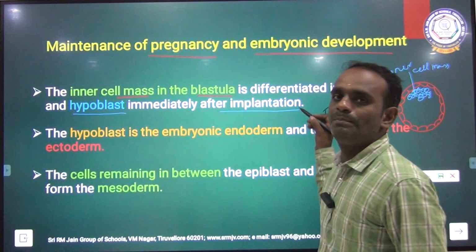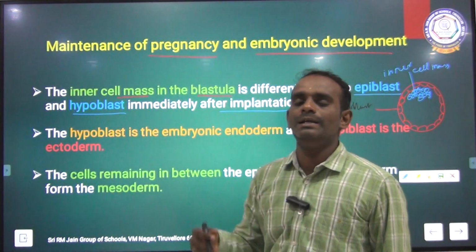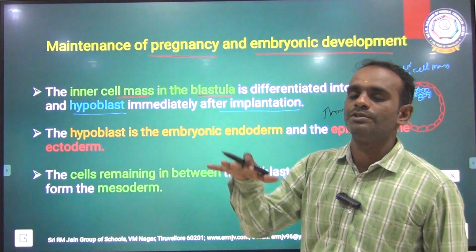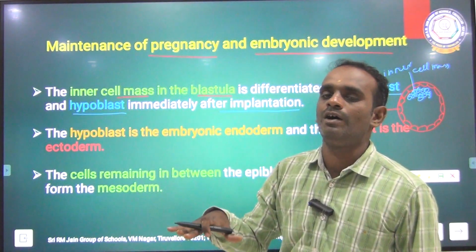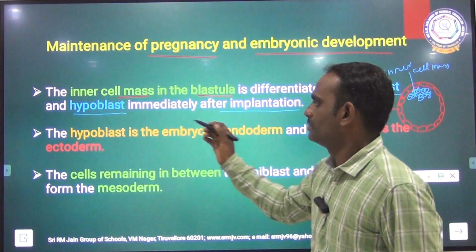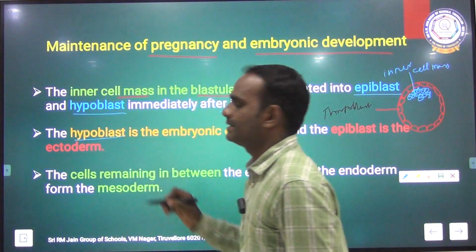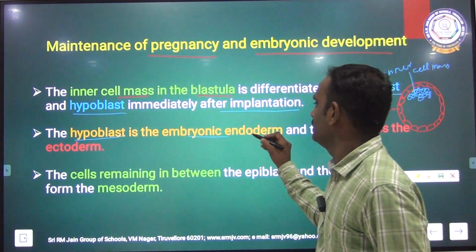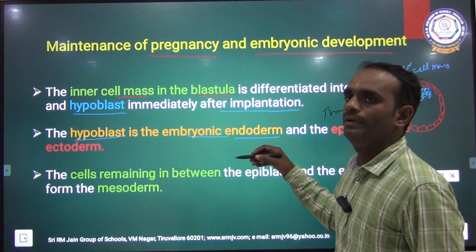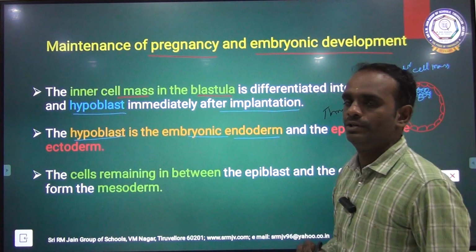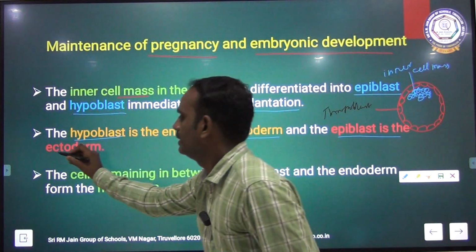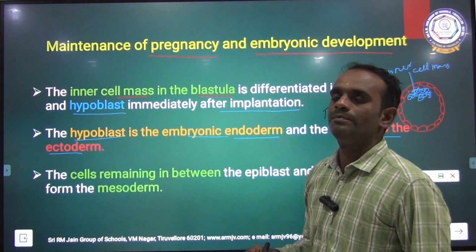Immediately after implantation, you know very well, implantation is the attachment of the blastocyst in the uterine wall of the female reproductive body. The hypoblast is the embryonic endoderm, and the epiblast is termed the ectoderm.